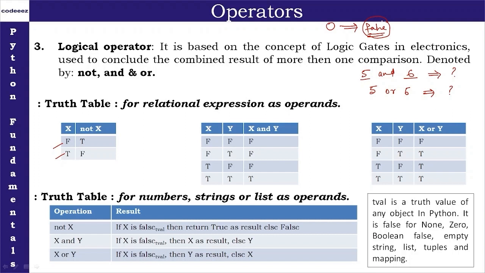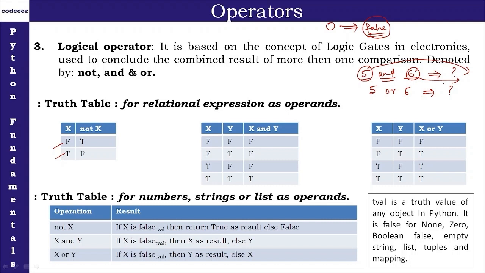In the case of AND, if the truth value of the first operand is false, then it will give you the first operand as the result. And if the truth value of the first operand is not false, then it will give you the second operand as the result.